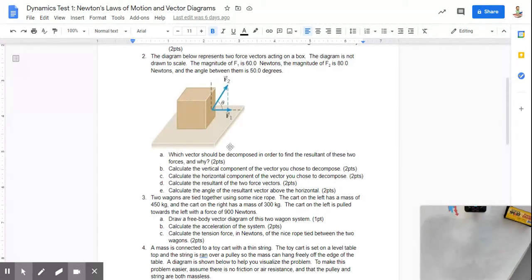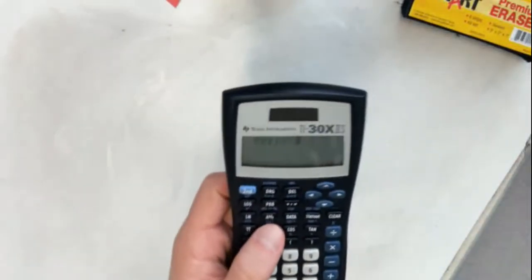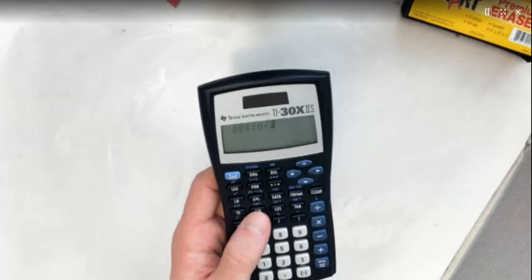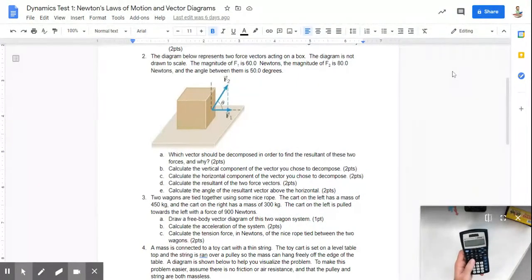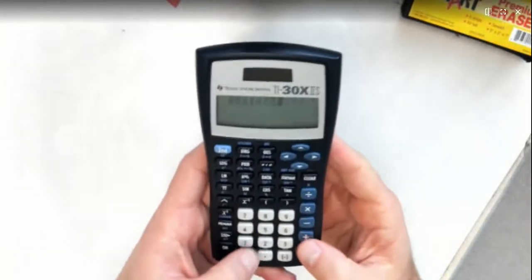For the next part, you don't need to show your work. What's the vertical component of the vector you chose? I chose vector 2, which is at 50 degrees. I go to my calculator and make sure I'm in degree mode. Vertical is sine, so I do 80 sine of 50.